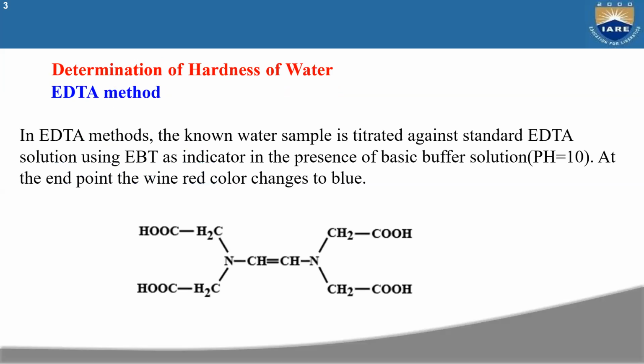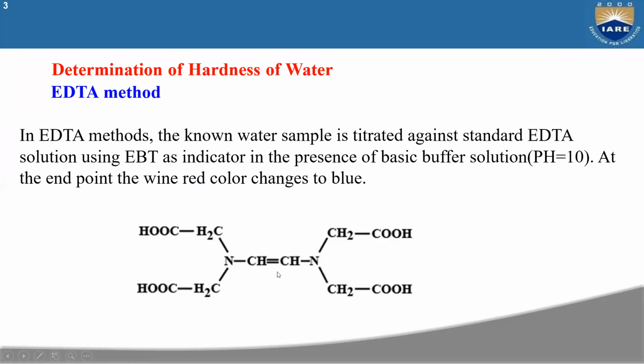So what is the full form of EDTA? EDTA is ethylene diamine tetraacetic acid, and this is the structure of EDTA. Amine means NH2; instead of H, we replace it with the acetic acid groups.